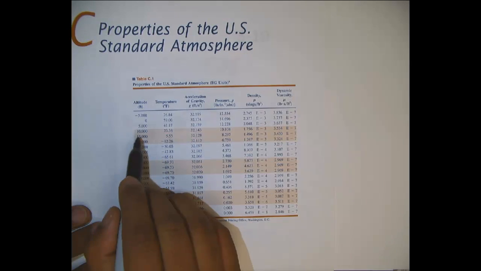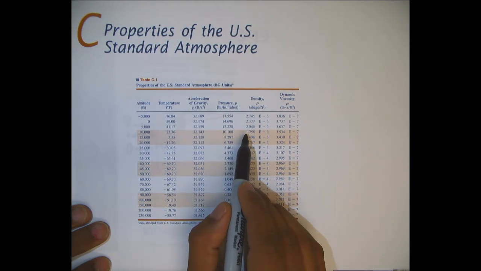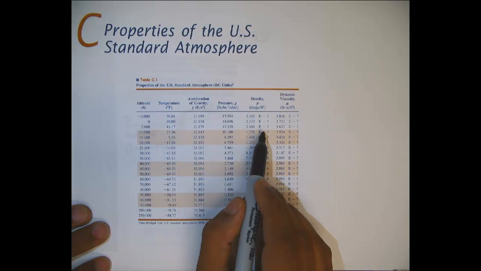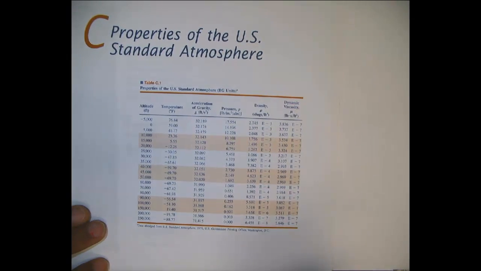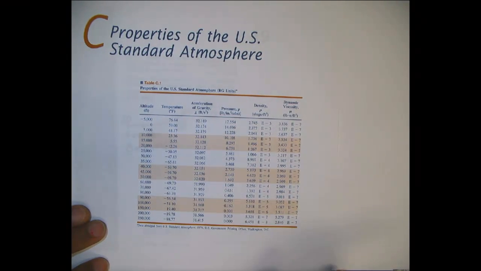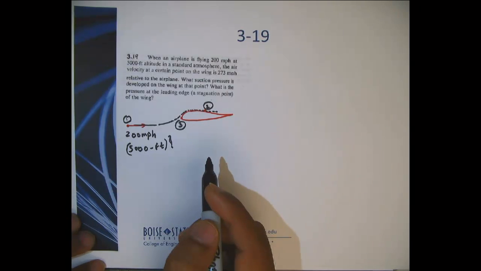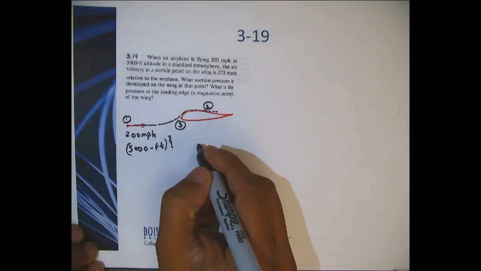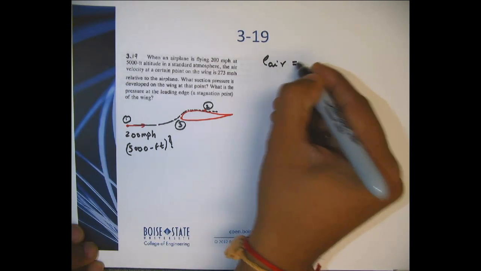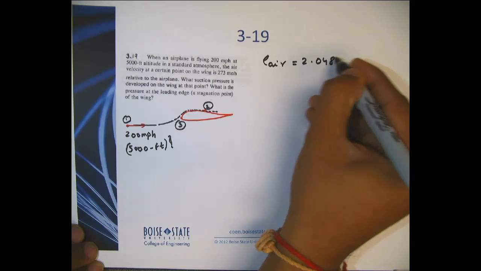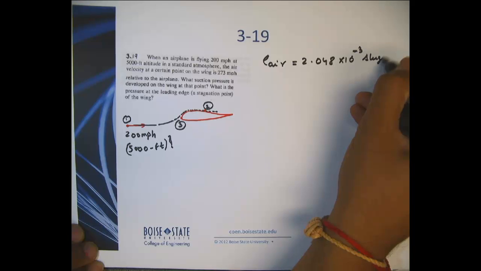For 5,000 feet, the density is 2.048 times 10 to the minus 3 slugs per cubic feet. So make sure you use the correct density. Even though the density doesn't change that much, we have the tables, so why not use them? This is what we end up with.